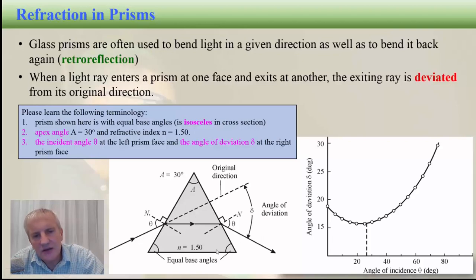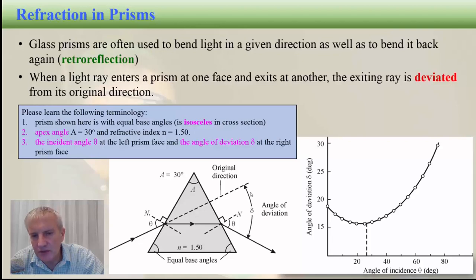Now, it turns out that if you are moving the incident light ray in a specific direction, towards this axis, let's say in a direction like that, this angle is also going to change. So for a specific direction of the incident light ray, you can find the smallest possible angle of deviation, the so-called minimum angle of deviation.